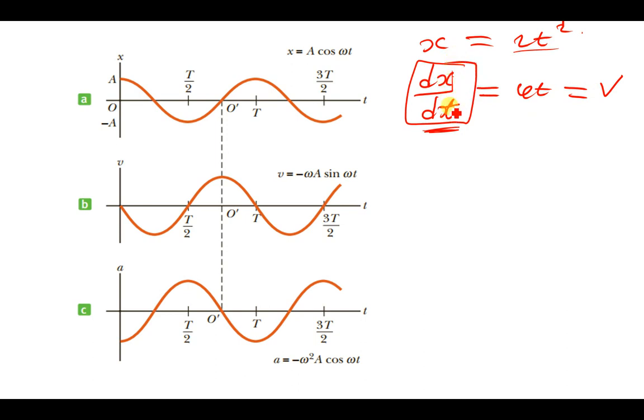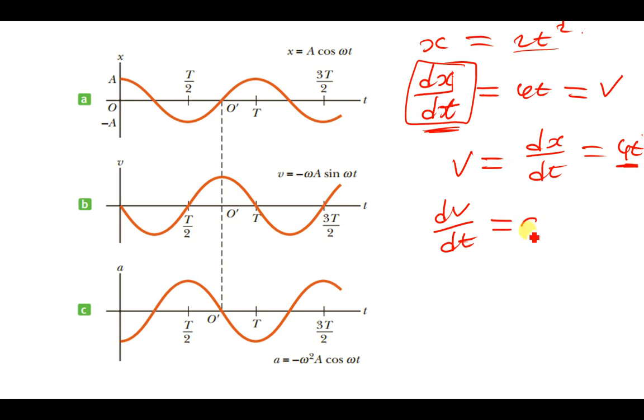Then when you find the second derivative of this, meaning we have v is equal to dx dt, which we found to be equal to 4t. To find the other derivative, which is just dv dt, we're going to differentiate this same expression with respect to t. So this one is called the acceleration.